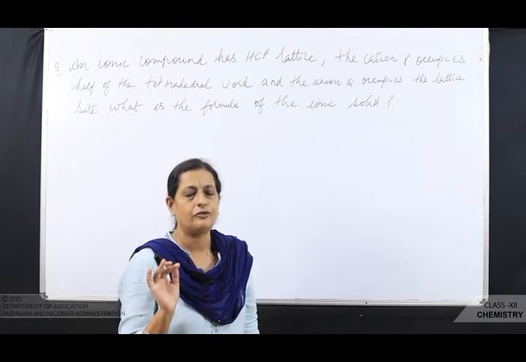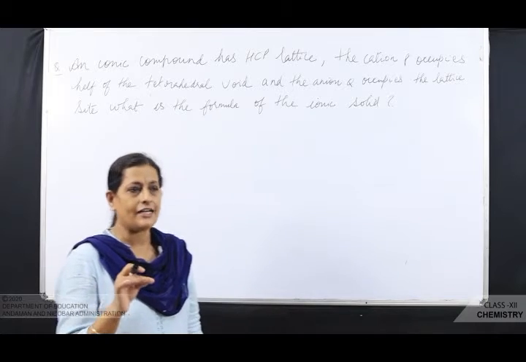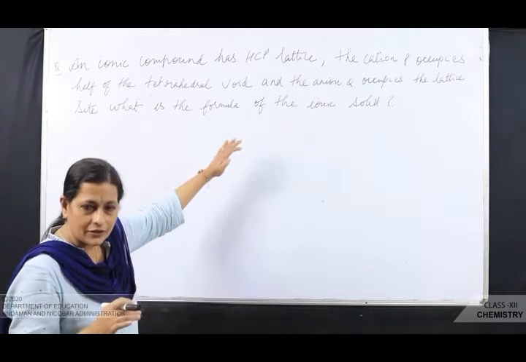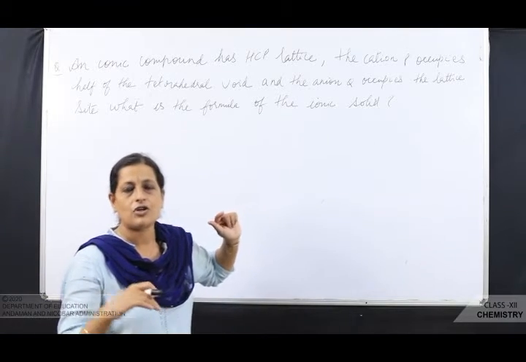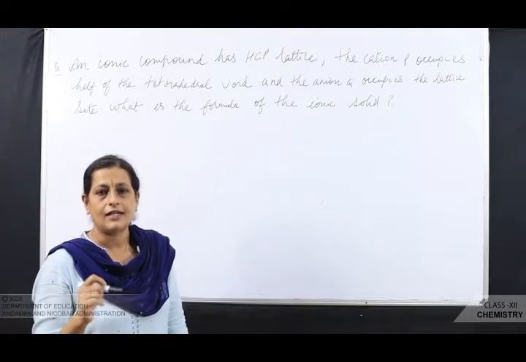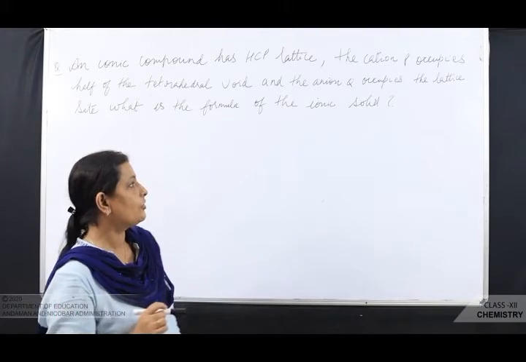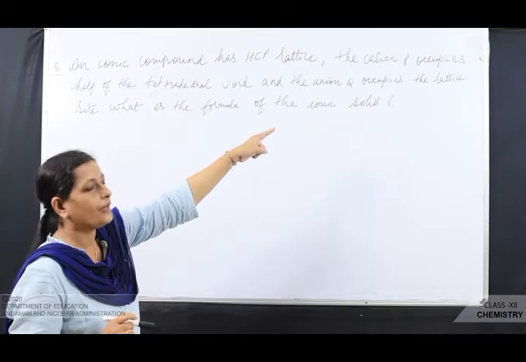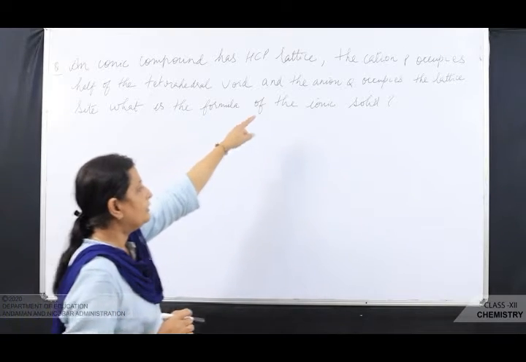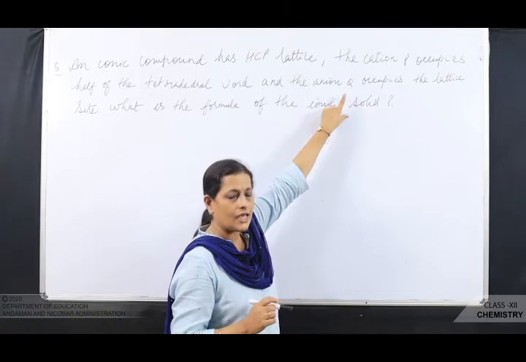So, the first thing you have to do is identify the cation and anion given, and which ion is occupying the lattice site. That one is considered the sphere. Here, the anion Q is occupying the lattice site, so we will consider the anion as the sphere.